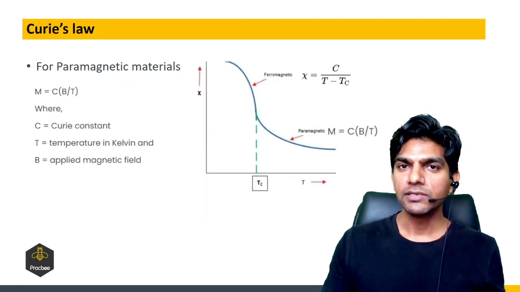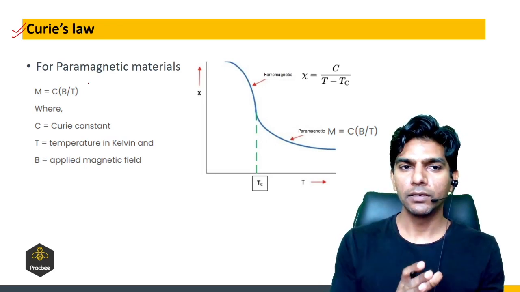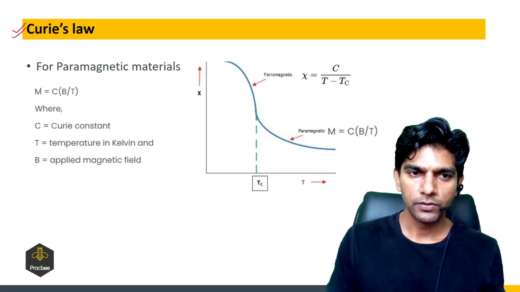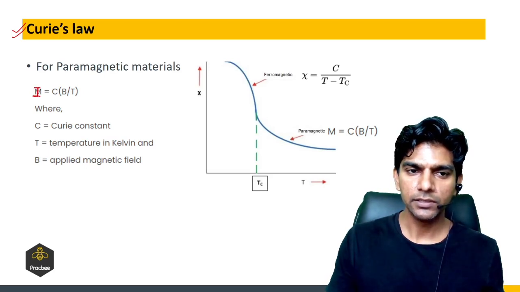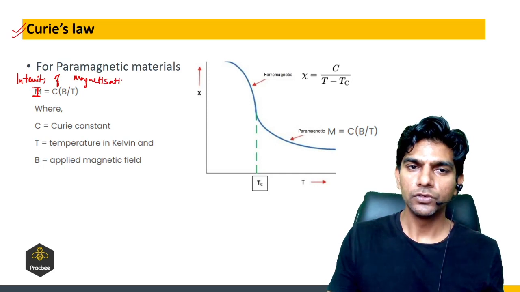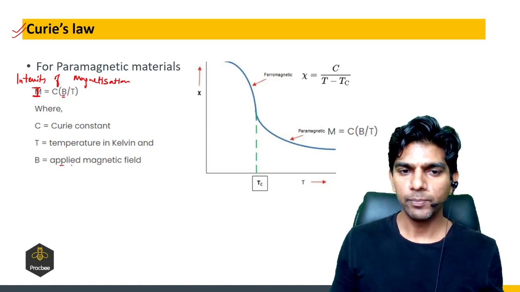And now let us see what Curie's law is. It is a very important law. It tells us how the intensity of magnetization varies with temperature. Here I am taking I, the intensity of magnetization for paramagnetic material. It is inversely proportional to T, and B is nothing but the applied magnetic field.